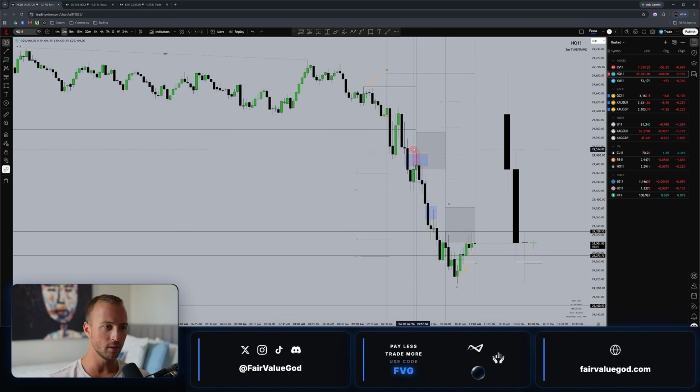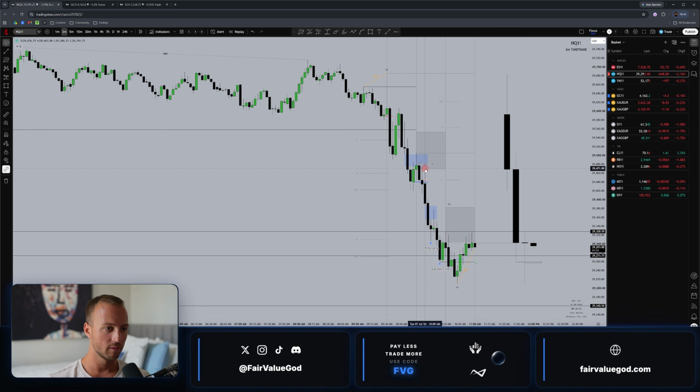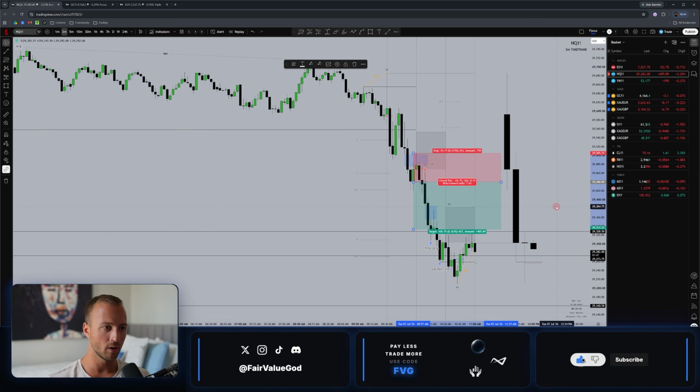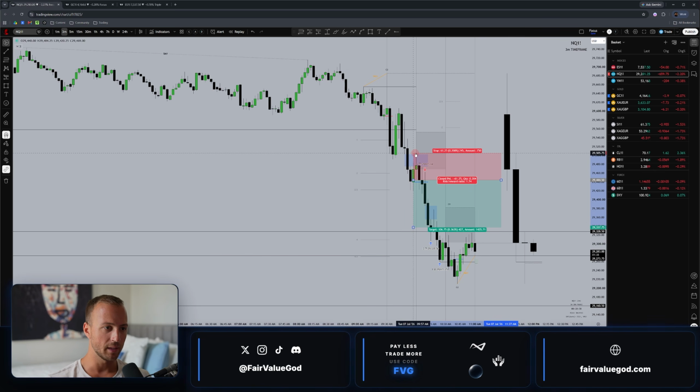The wick forms, putting in a new protected high right here. We closed below, and when that happened, all I did was market order in 4 contracts, stop at this high. I got in at 44.5, right about there.